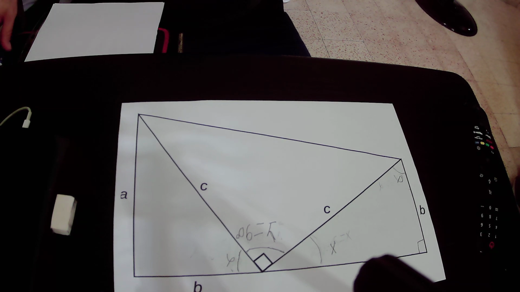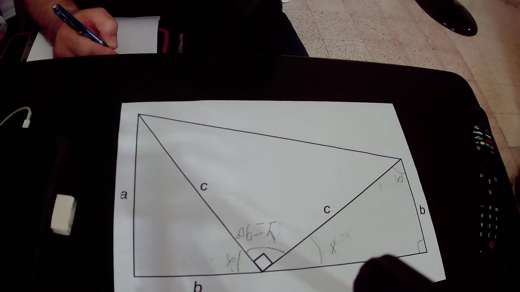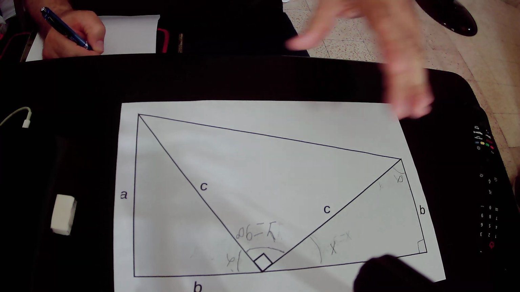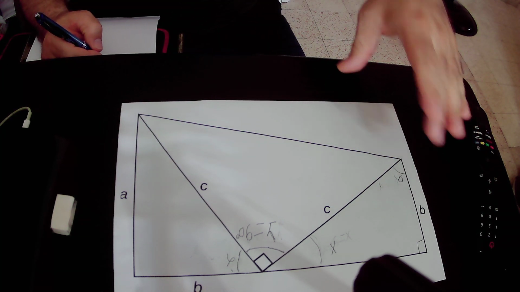We will start to calculate the area of this trapeze. In the first way, we will label the area of the trapeze as S.